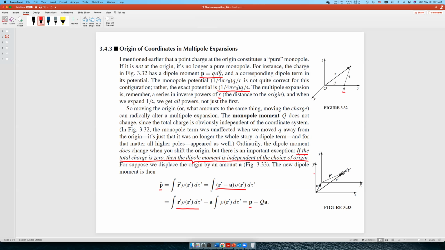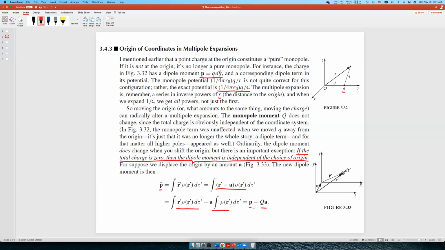It's the dipole moment in the original coordinates, and then subtracted by this term. This term, you can calculate it, it's Q a. a is the difference between the new and the old coordinates.